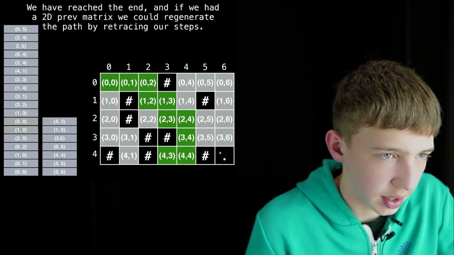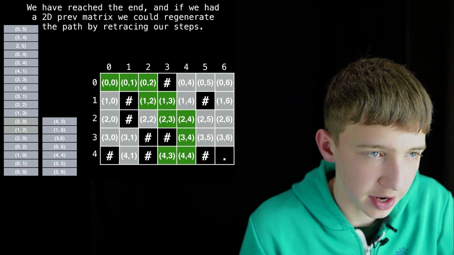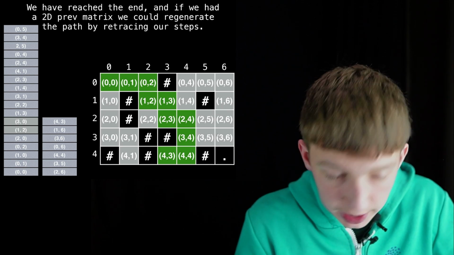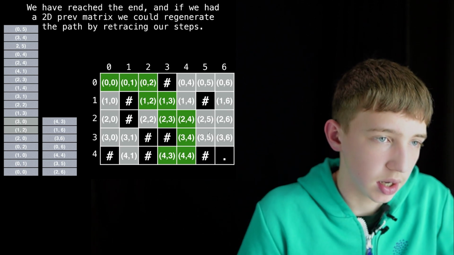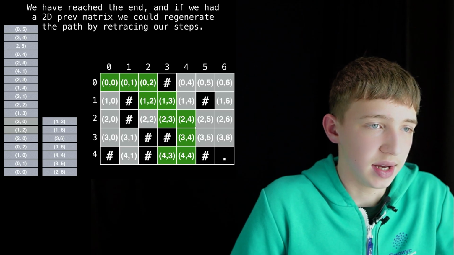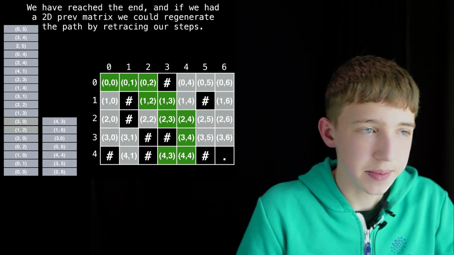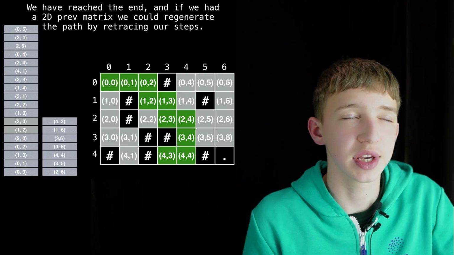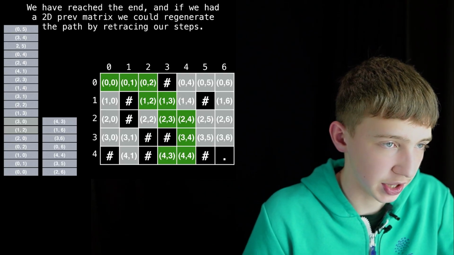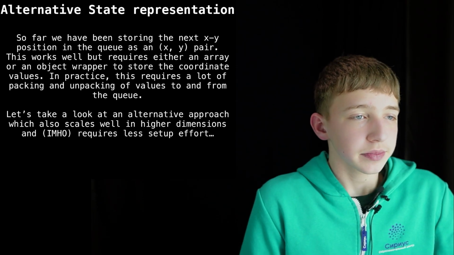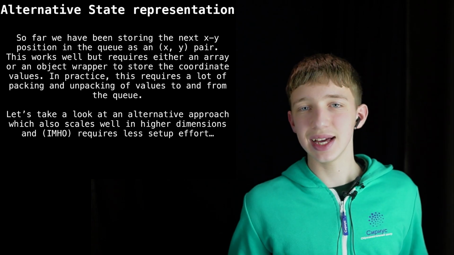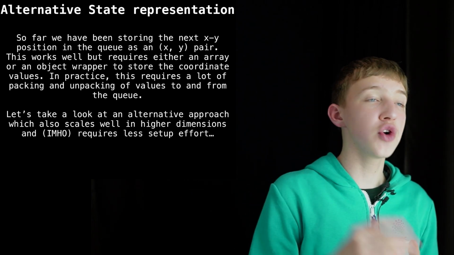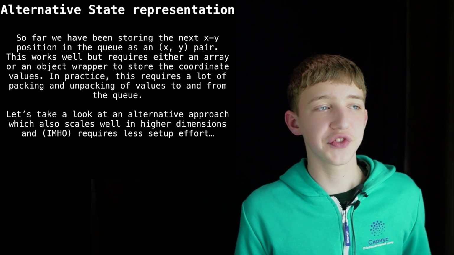Here, this bottom right cell is still unvisited, so using breadth first search we might not visit all the cells, and that is normal. All right, so next, let's talk about an alternative representation of this algorithm.